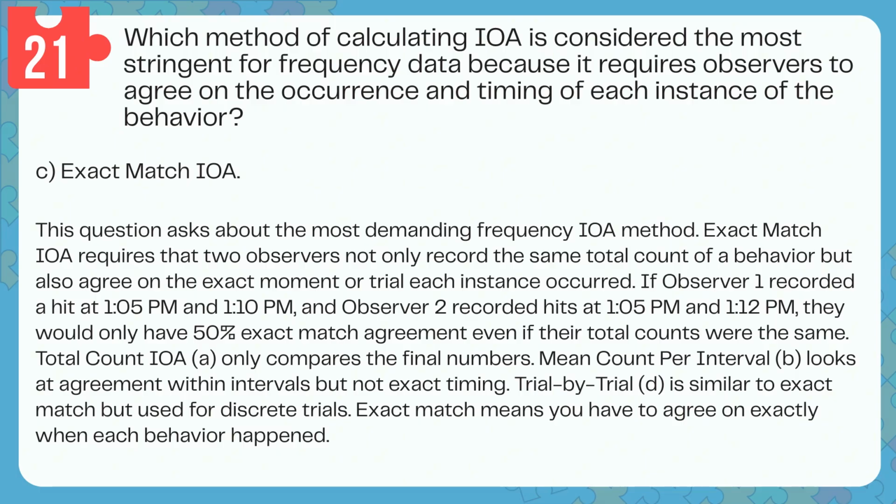Total count IOA, A, only compares the final numbers. Mean count per interval, B, looks at agreement within intervals but not exact timing. Trial by trial, D, is similar to exact match but used for discrete trials. Exact match means you have to agree on exactly when each behavior happened.